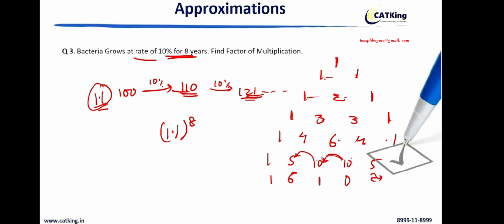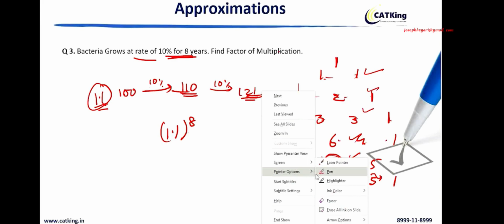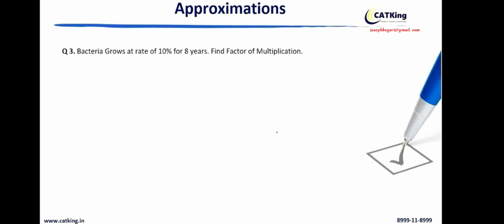Correct. 5 and 1. Again, 6 plus 1, 7, and so on. I hope you got the idea, right? 11 to the power 1, 2, 3, 4, 5, 6, 7 and 8. So this is how you can solve this question. One method, but if there are huge powers of 11, then you cannot use this method, right?